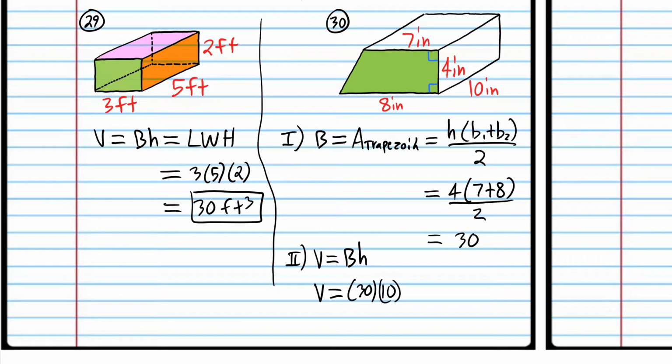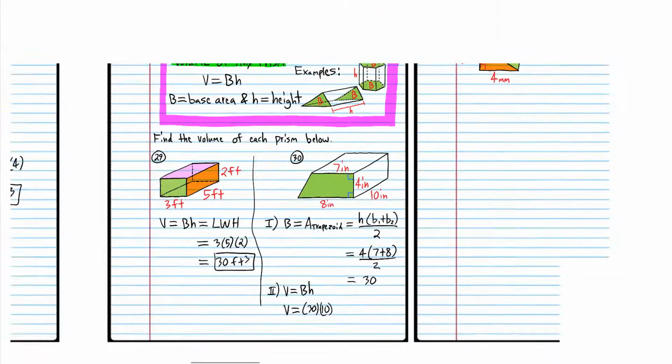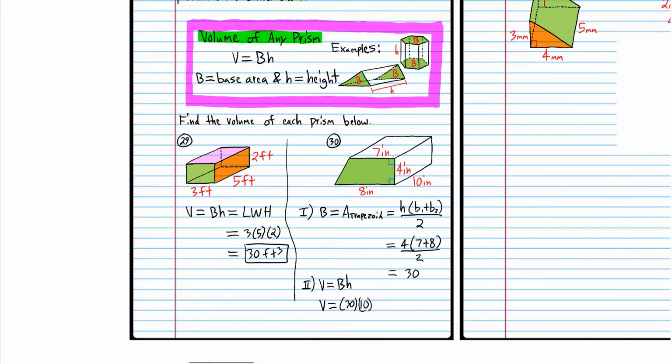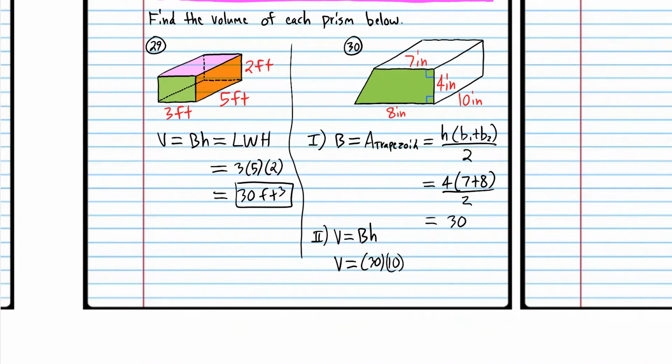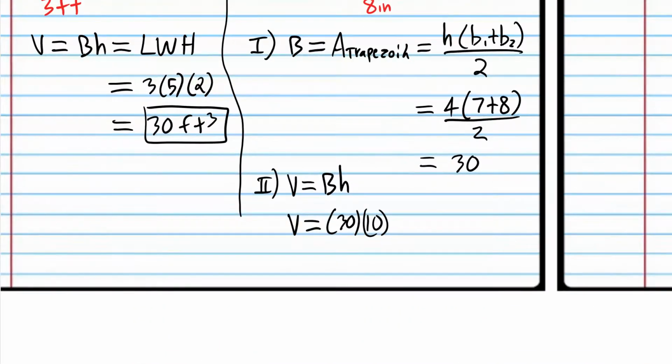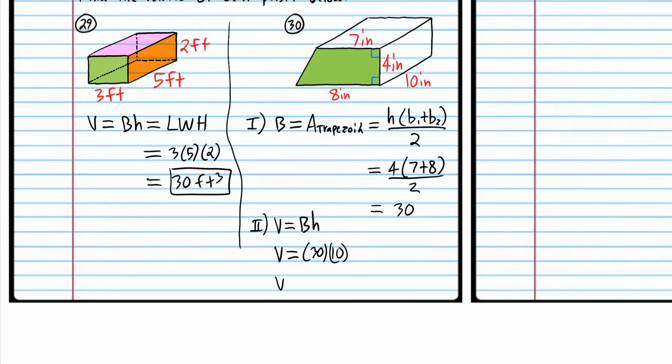You don't normally think of a base as a side, but the bases are always the congruent and parallel faces. So V equals 300 cubic inches. Just be aware of that. This does not look like the height because it looks more like length, but it is the height.